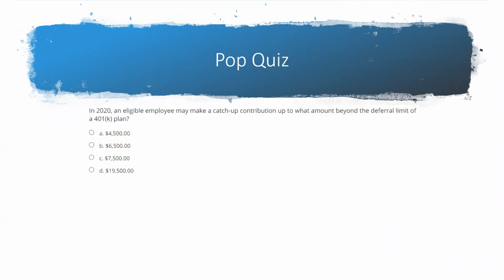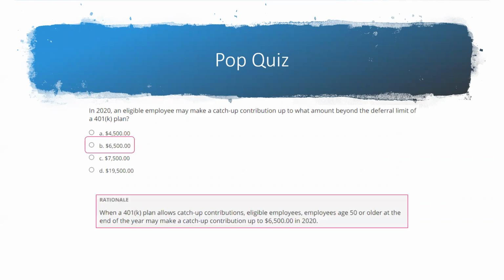Your first pop quiz. In 2020, an eligible employee may make a catch-up contribution up to what amount beyond the deferral limit in a 401k plan? You guessed it, $6,500.